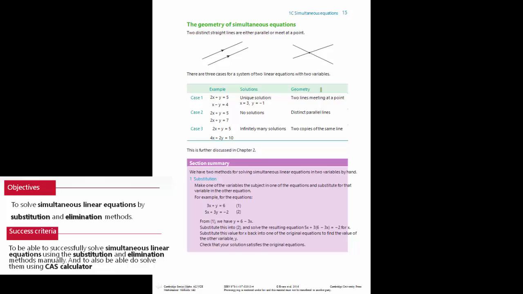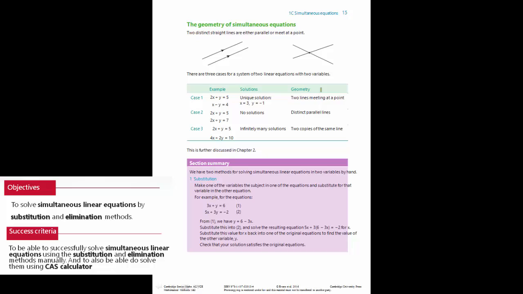For example here, 2x plus y equals 5 is actually the same equation multiplied by 2. Multiply both sides by 2 and this becomes 4x plus 2y equals 10. So it's actually the same line. We can simplify by dividing each side by 2 and it becomes 2x plus y equals 5. It's the same line. If we draw it over each other, it meets at every single point.